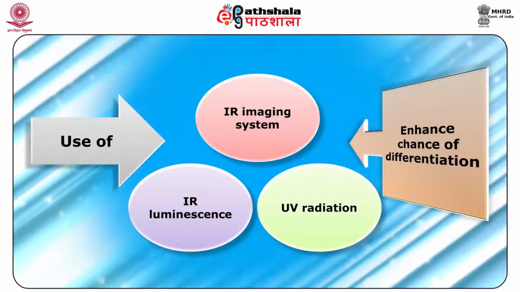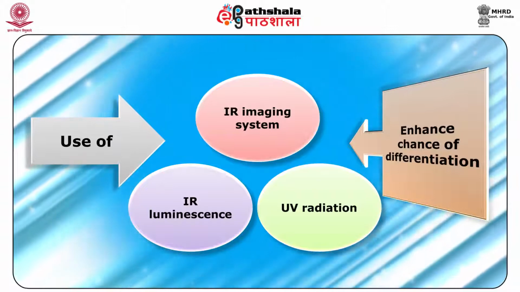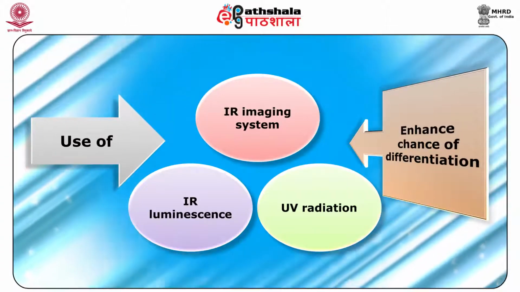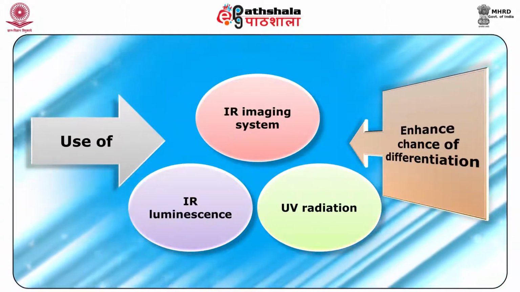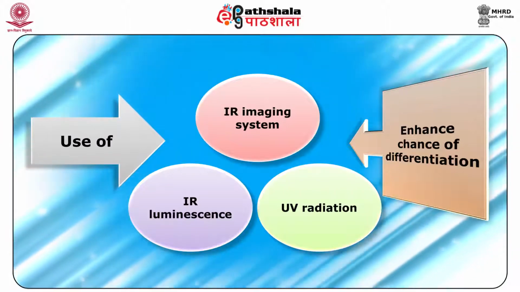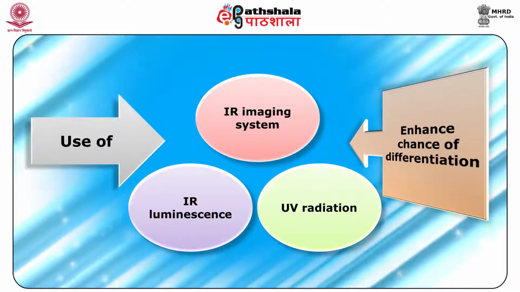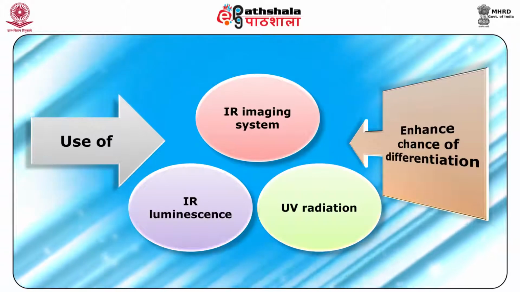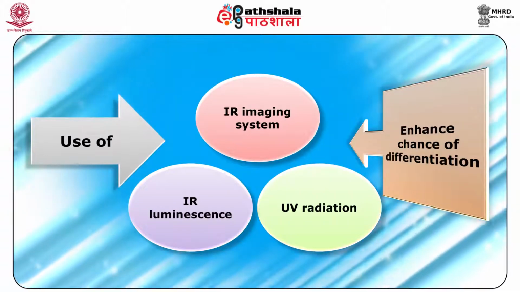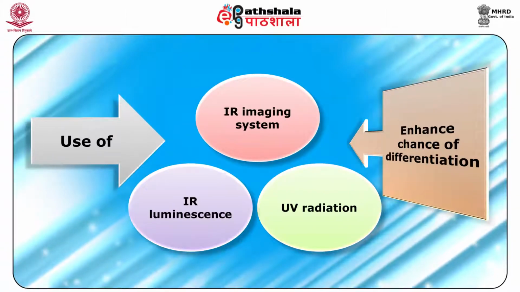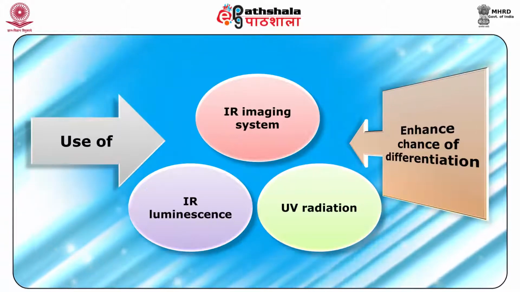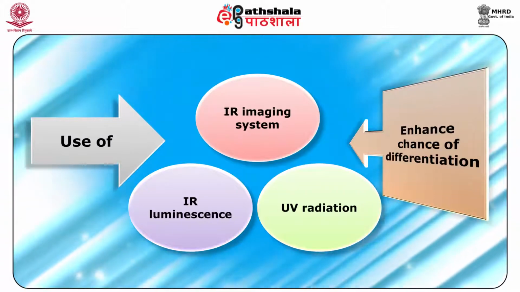The use of an IR imaging system that is capable of transmitted light, IR luminescence, UV radiation and oblique lighting may enhance the chance of differentiation success as well. It has been shown that by utilizing scanning and imaging software, some inks may be differentiated.